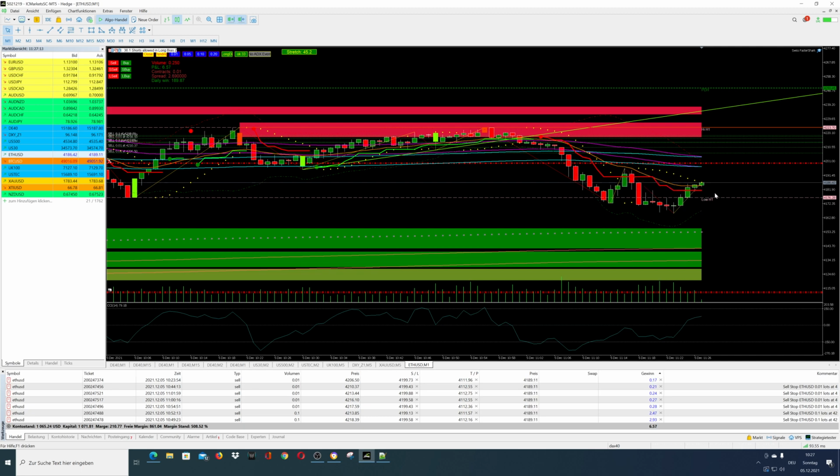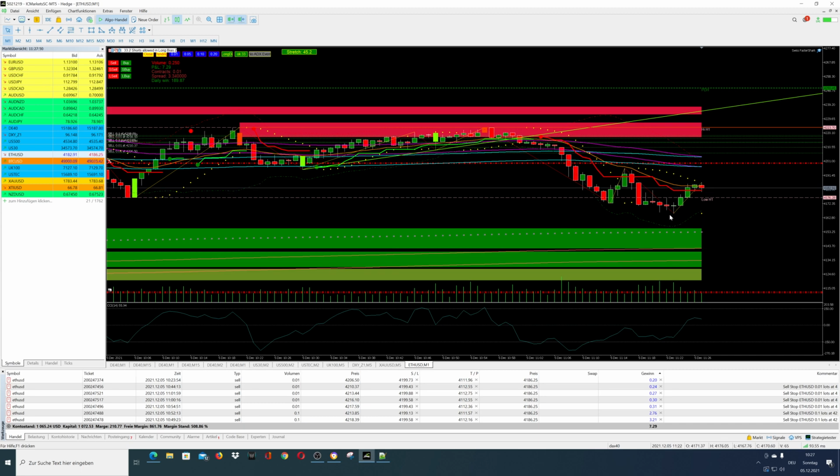And now I have to look if there is a lower high or not. Otherwise, I have to exit the trade. We see that this trend is not very strong because it always comes over the Supertrend indicator. But maybe we will go up until the VWAP here.